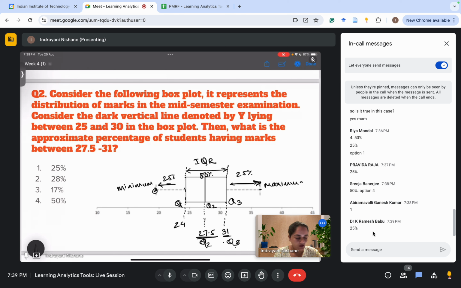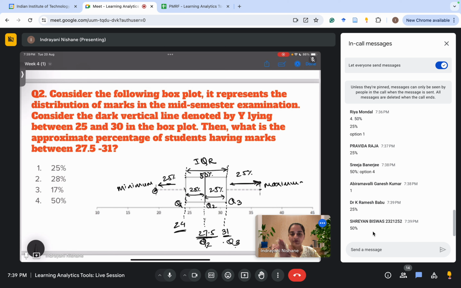From this point to this point lies 25% of the sample, and between Q1 and Q2 lies 25% of the sample. So between 24 and 27.5, 25% of students have scored marks, and between 27.5 and 31 there are 25% of the students.